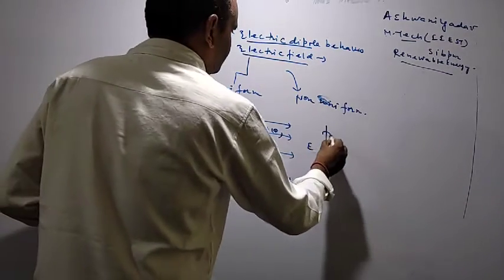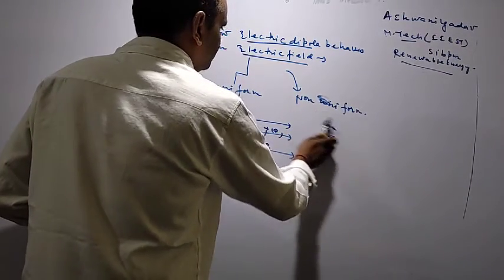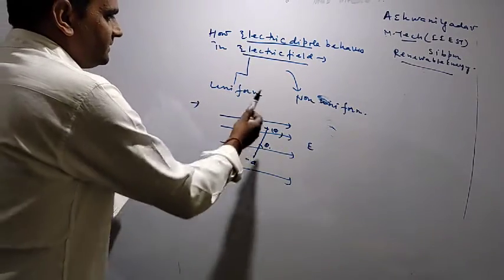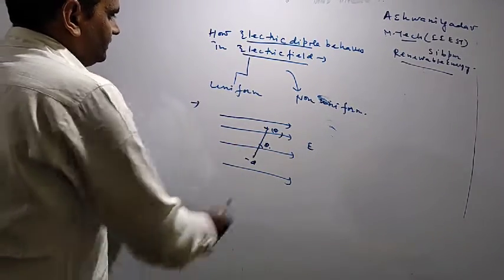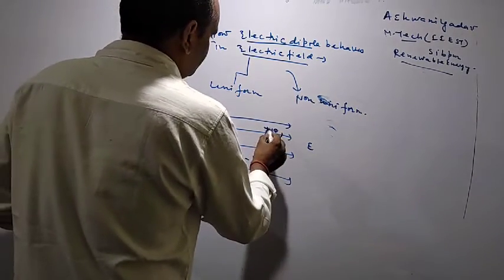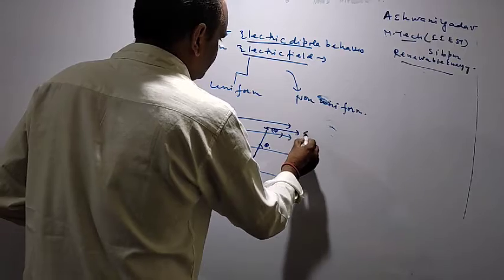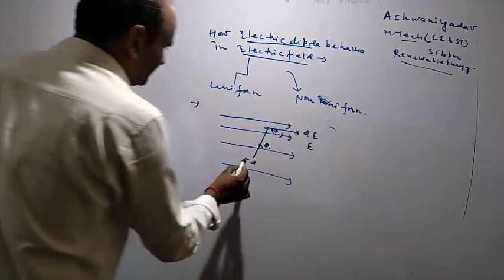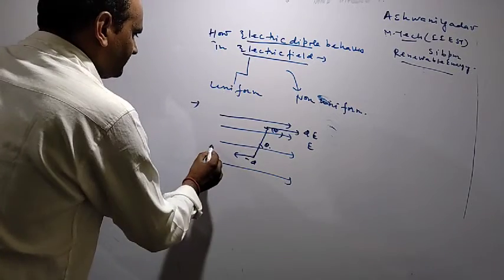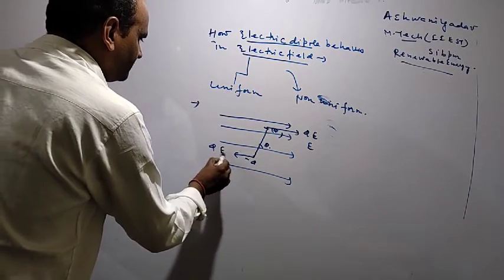It can translate. Can it translate? No, it can't translate, but it will definitely find torque. Suppose this force is here QE and this is negative charge, so in the opposite direction of electric field we can find the force QE.